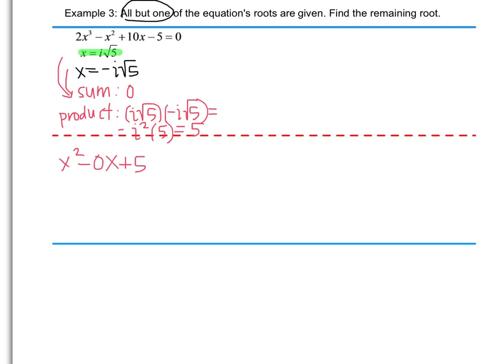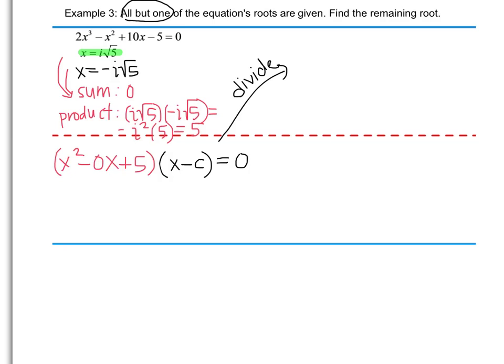So I know that this is essentially one of the factors, but there has to be some other x minus c to finish up that equation. Well, to find that x minus c, maybe it's ringing a bell, we can do synthetic division to find that last root. So let's figure it out.